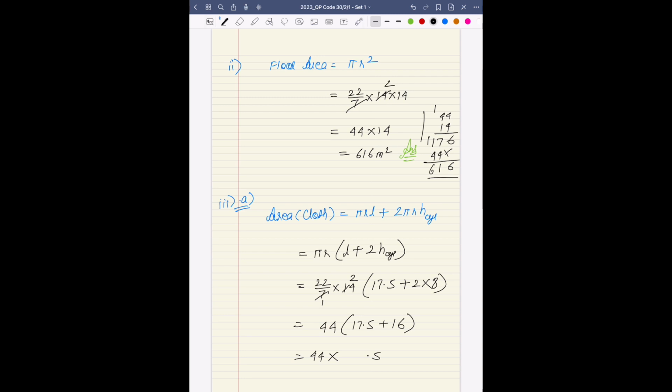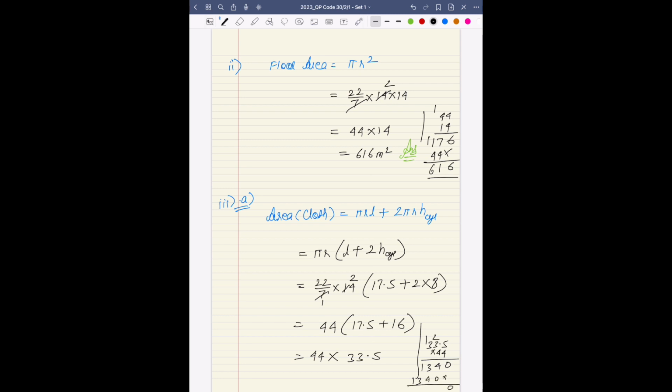33.5. Okay, let's multiply. So 33.5 into 44. 0, 2 carries, 4, 1 carries, 1340. Then again 1340.